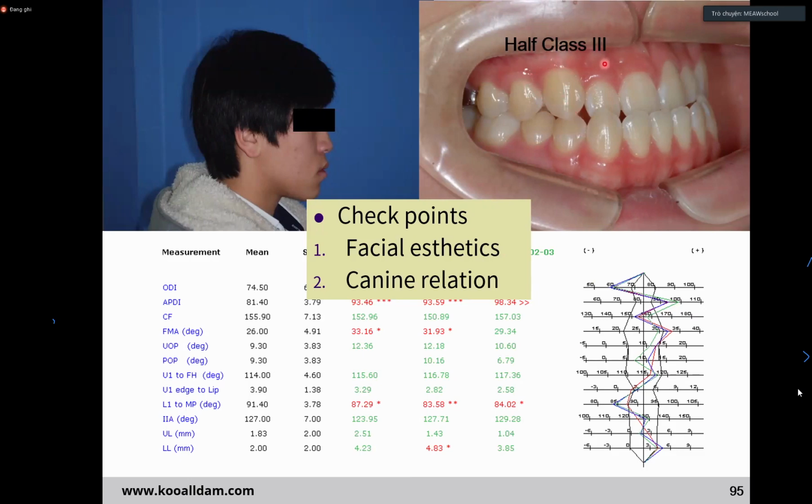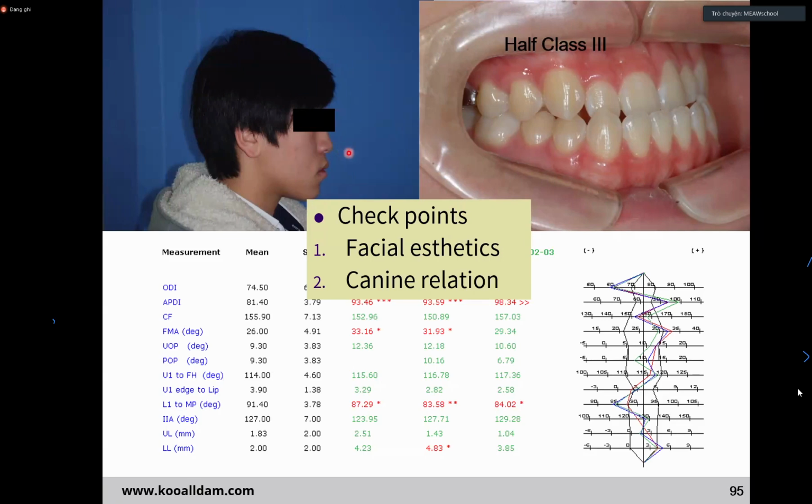Half class 3 is when we are using mule, half class 3 is effective. On the other hand, full class 3, this means upper canine is located in this area. It is ineffective in mule, using mule.